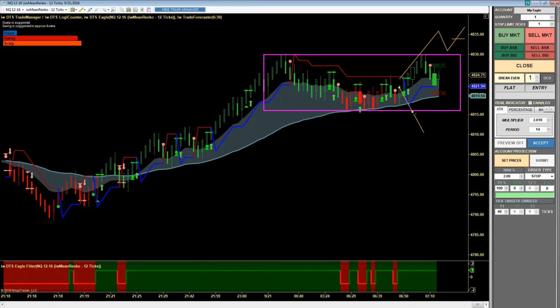Let it break out, let it retest, look for that sell signal. That's the safest way to trade chop. Anytime you try to do anything within this range, you're asking for it. Why? Well, because we've got buyers buying down here, we've got sellers selling up here.